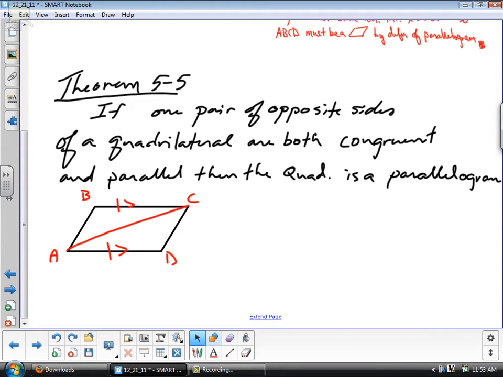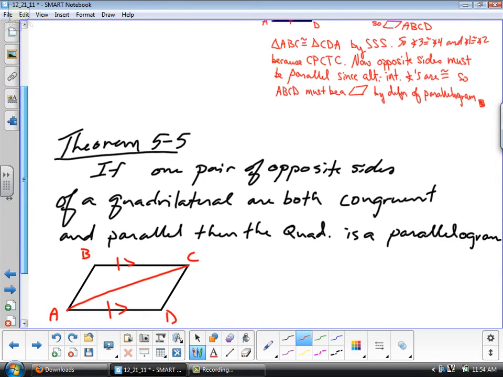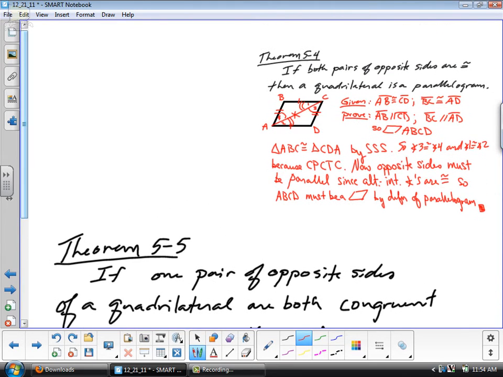If we can show that both pairs of opposite sides are congruent because of what we have here, then we can show it's a parallelogram by theorem 5.4. Or, if we can show that both pairs of opposite sides are parallel, then we can show it's a parallelogram by definition of parallelogram.